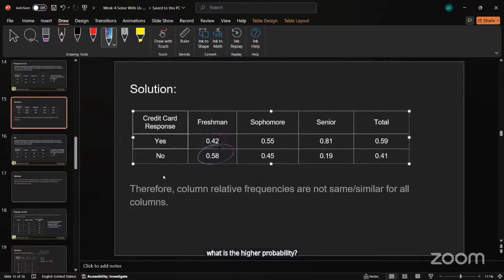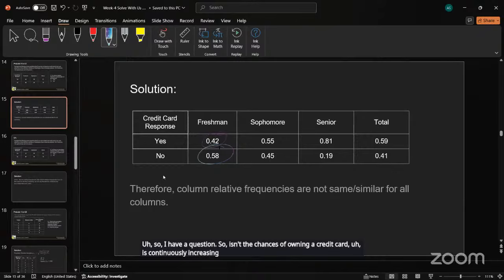If you're a freshman, we have some idea of what the higher probability is. I have a query. Isn't it that the chance of owning a credit card is continuously increasing as we increase the year? Freshmen have lower chances of owning a credit card as compared to the seniors. So isn't it increasing?